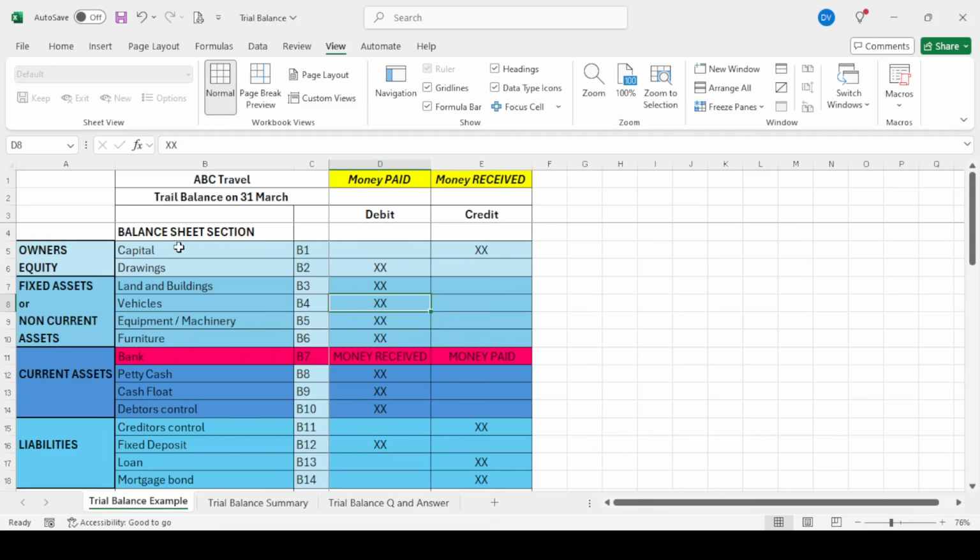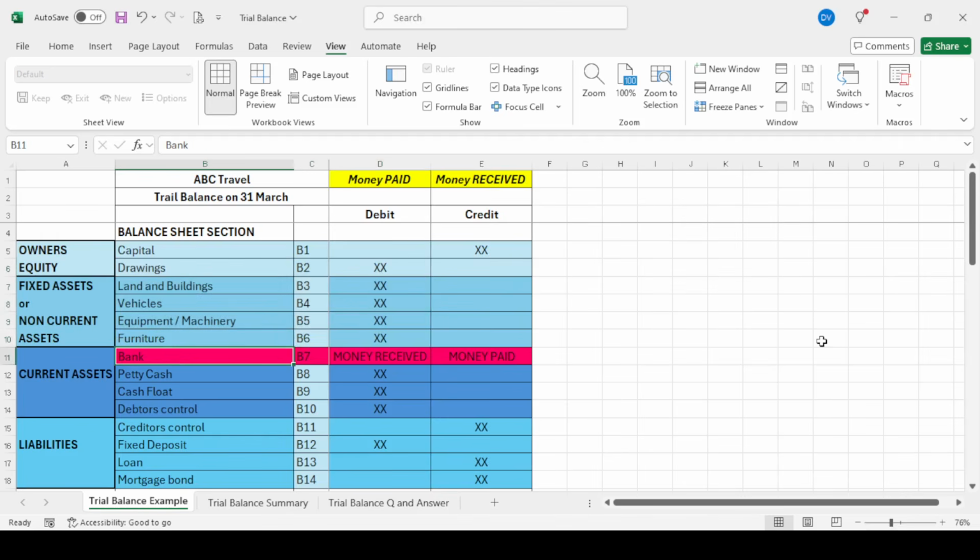As I said before, with capital, it is money received, so we put it on the credit side on the trial balance. All of these ones, drawings, land and buildings, vehicles, equipment and furniture, go under the debit side because it is money that was paid. It went out of your pocket, out of your account.